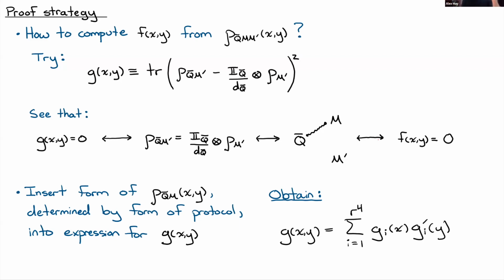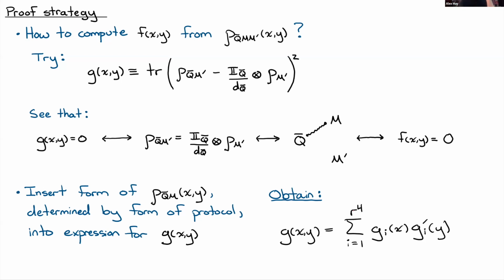Okay. And in particular, what you get is that g can be written like this. So it's a sum of product of terms, where the number of terms in the sum is controlled by how entangled that state is between Alice and Bob.